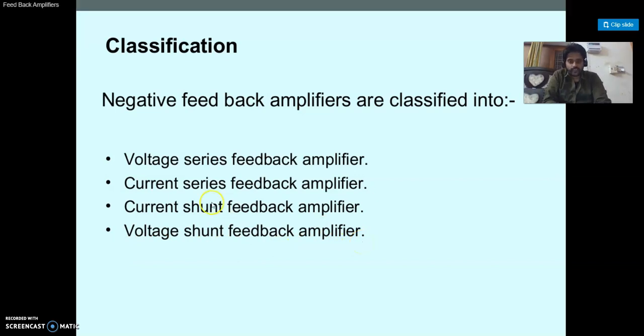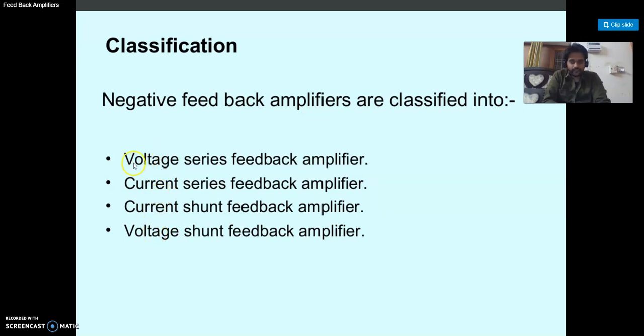All of you look at this. The first term here refers to the sample that is going to be extracted from the output end, so that I am going to extract voltage at the output. Students, please make it clear. I am going to repeat: the first word in every feedback amplifier, you can identify as either voltage or current.